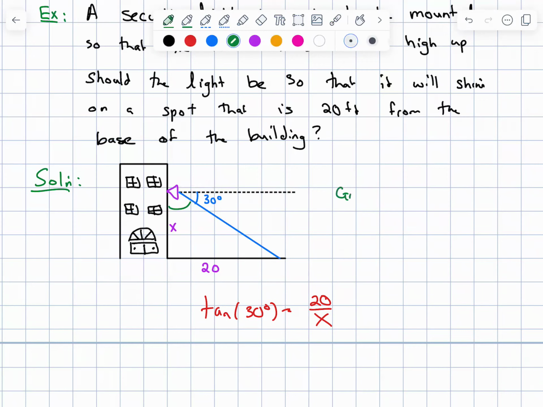So the green angle plus 30 degrees has to equal 90. We'll subtract 30 degrees and get that the green angle equals 60 degrees.